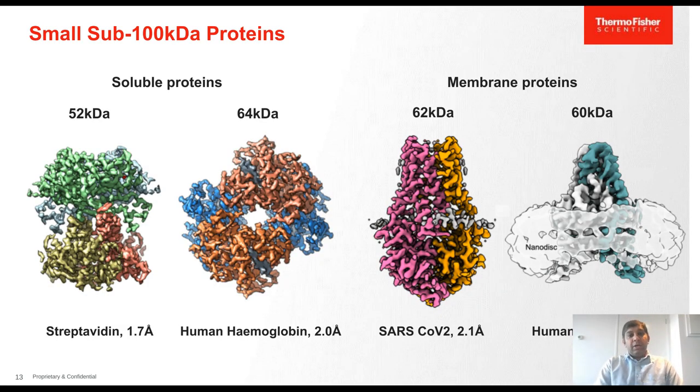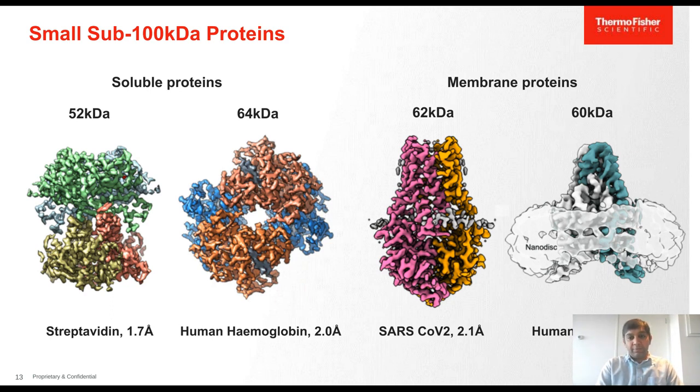So this is how we have been working so far. These are all the structures that we have derived using the Cryos with Selectris and Falcon 4. I already showed this 1.7 angstrom streptavidin. Last year, I also showed you the hemoglobin structure going to 2 angstroms.